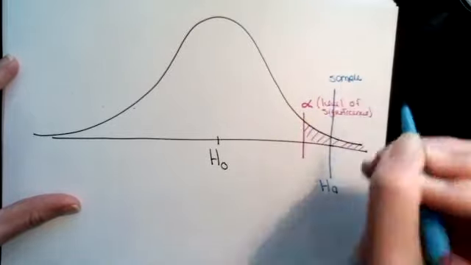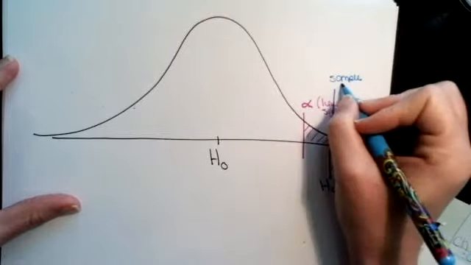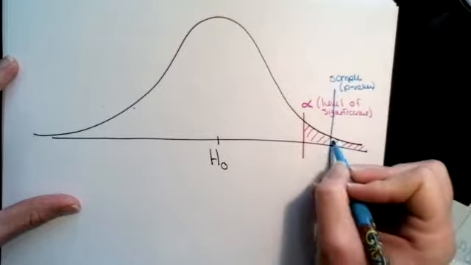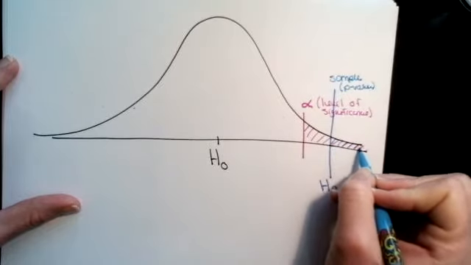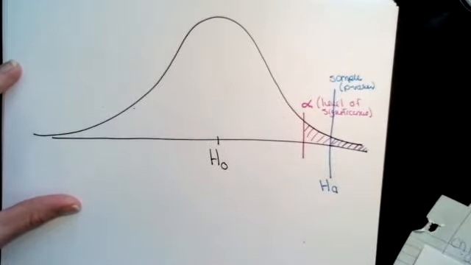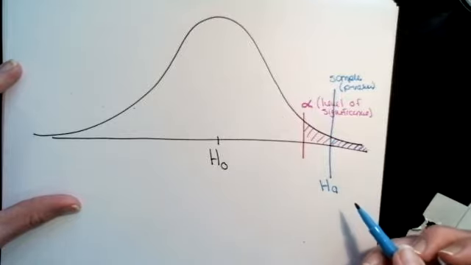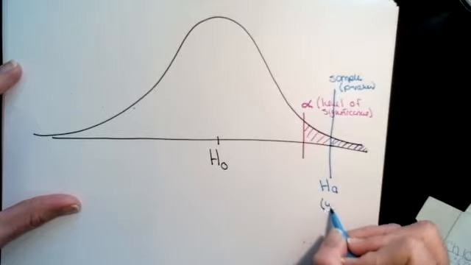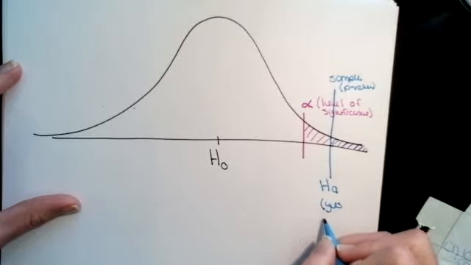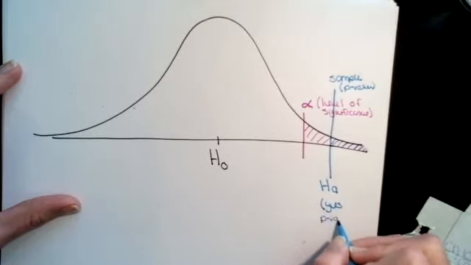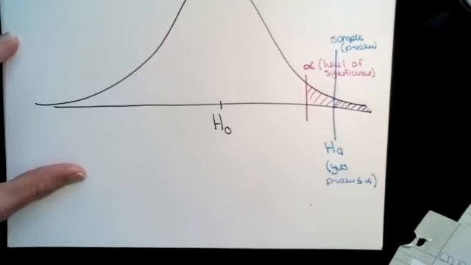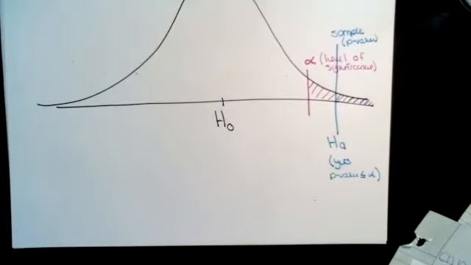This will be where my test statistic is. This area is the p-value over here in the blue. And that would mean that it's less than. So that means I'm answering yes, right? When I say that the p-value is less than or equal to alpha, right? That's where it would be located.